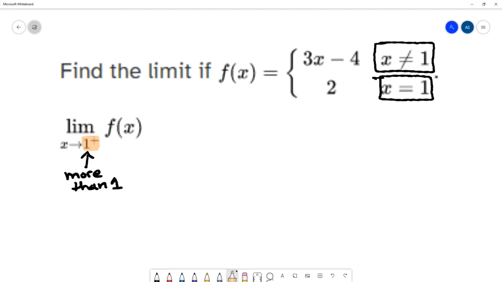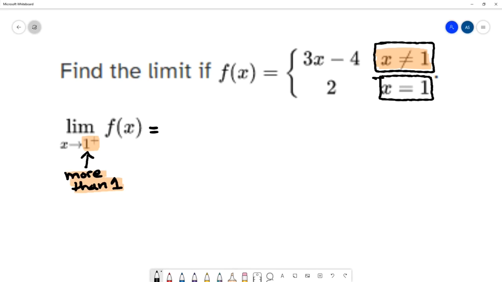Since we're interested in the limit as x is getting closer to 1, we're going to use the first equation, because we use it anytime x is not 1. Here we want x to be more than 1, and if it's more than 1, it's not 1. So we're going to use the first equation to identify this limit.